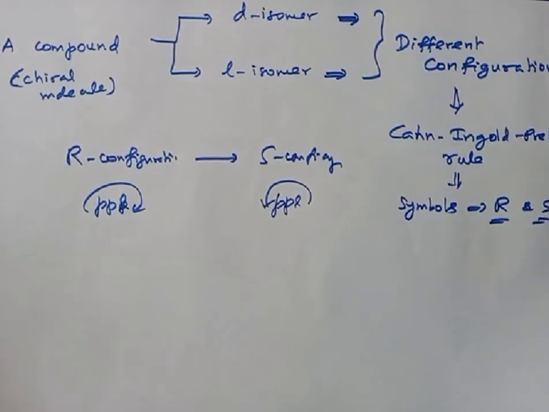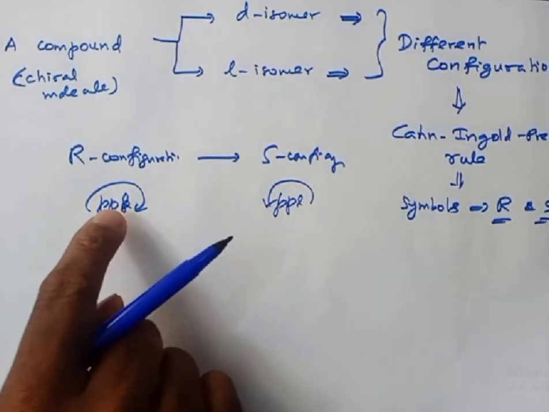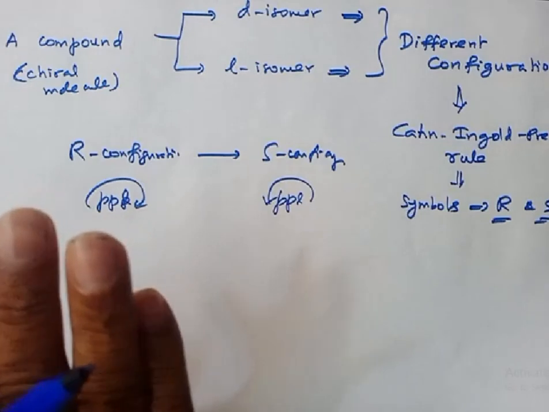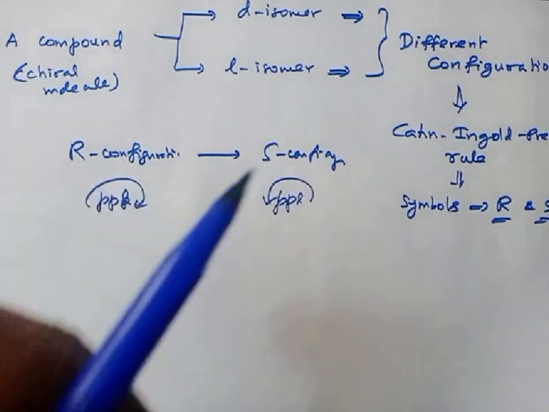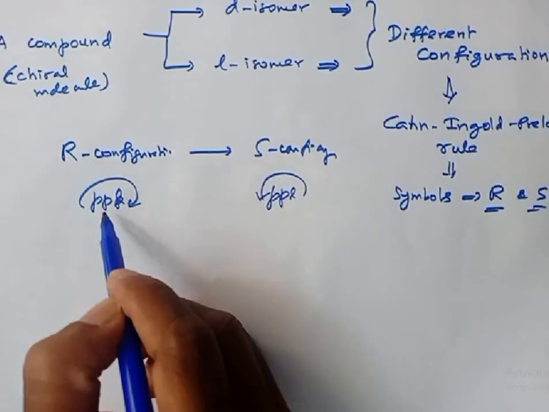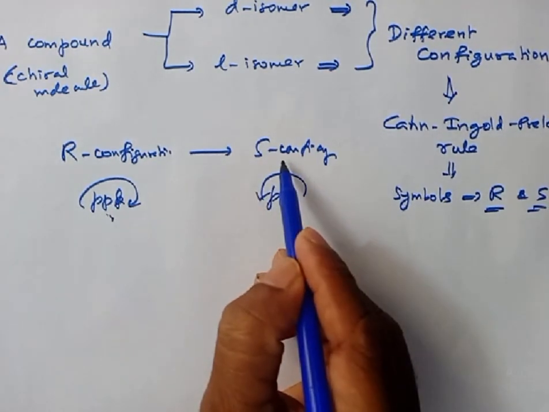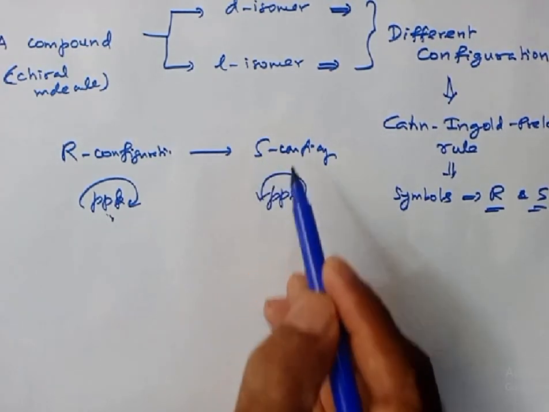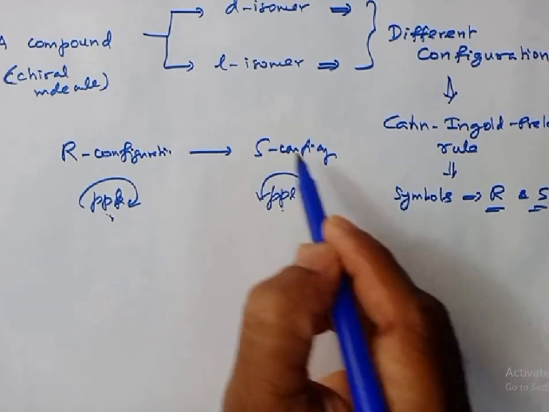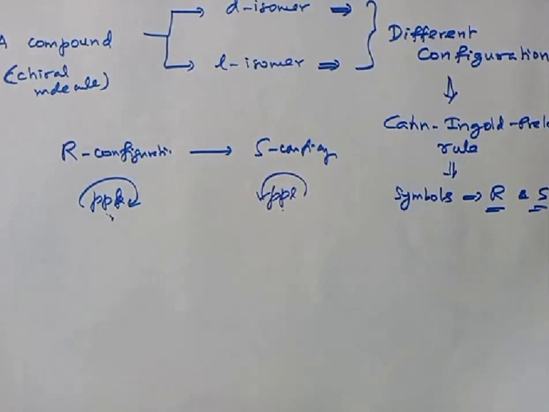Keep that in mind, very, very important. I am not saying that R configuration always rotates plane polarized light clockwise. No, I am not saying like that. Suppose the molecule having R configuration rotates it clockwise, then for the same compound, the molecule having S configuration will rotate it anti-clockwise. Is this clear, students? Any doubt?